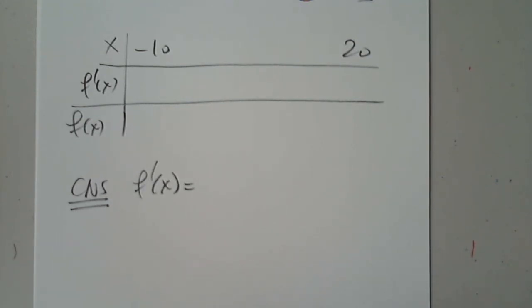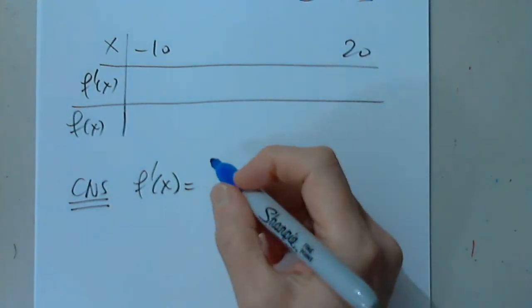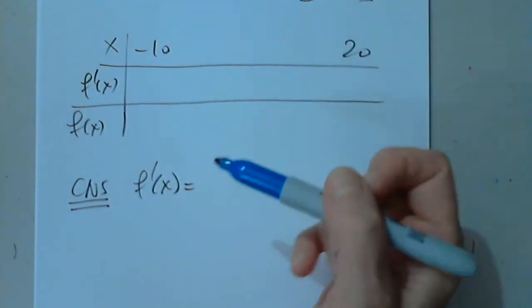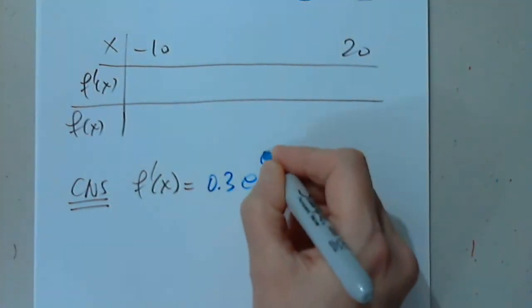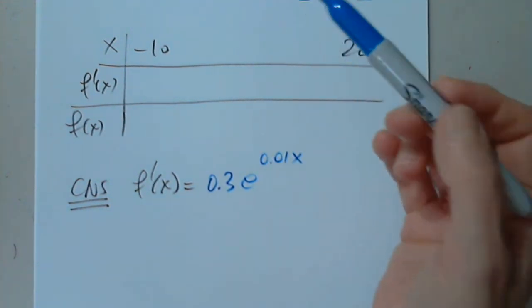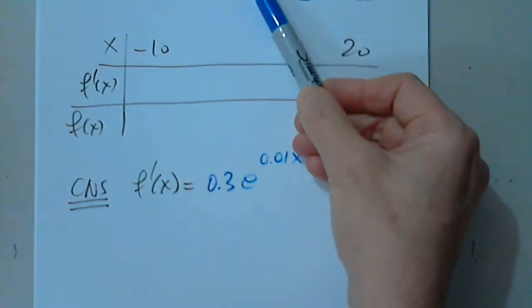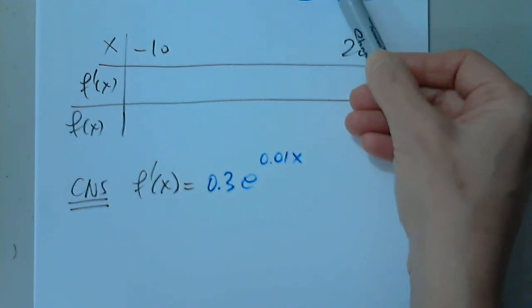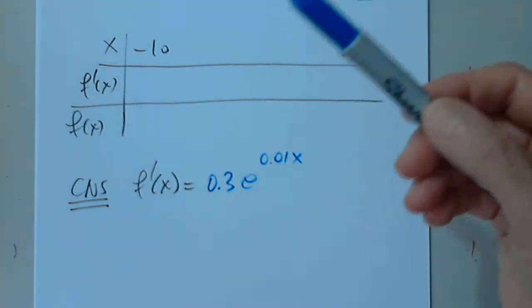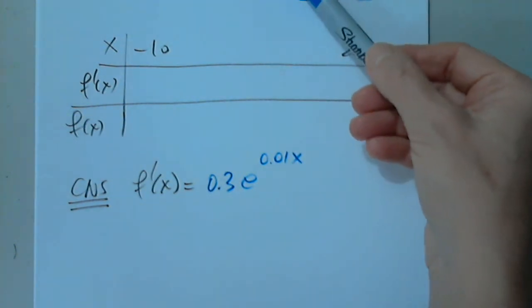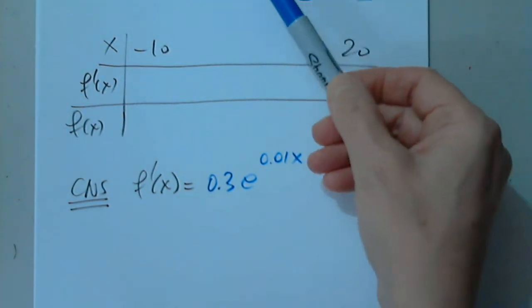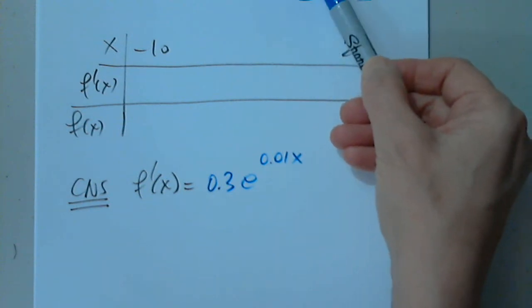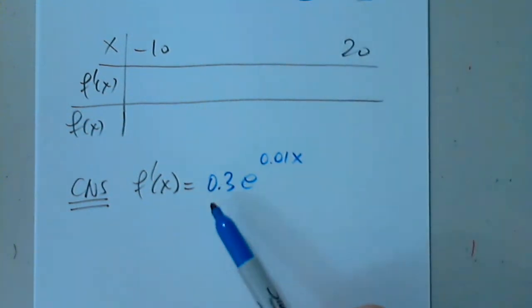Is it 0.3 e? Yes. 0.3 e to 0.01x. So here is what we just did. 30 times e to this function times the function prime, which is 0.01. And we already multiplied 30 by 0.01, and we got 0.3.